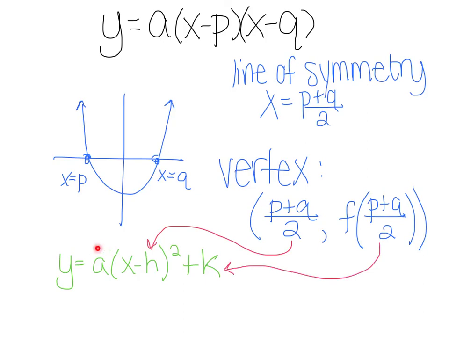Now all I need to do is find a. I can either find that by looking at a graph and determining what the dilation factor is, or if we know another point, I always think the y-intercept is a good one to use. We can plug that point into x and y and solve for a. And then we've got our vertex form.